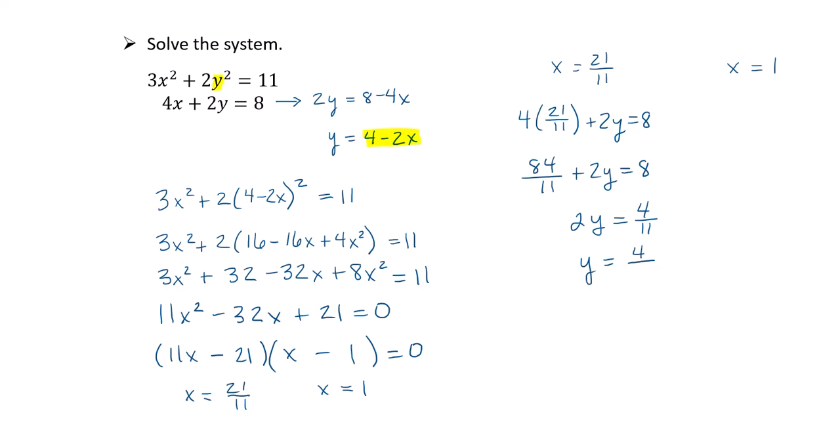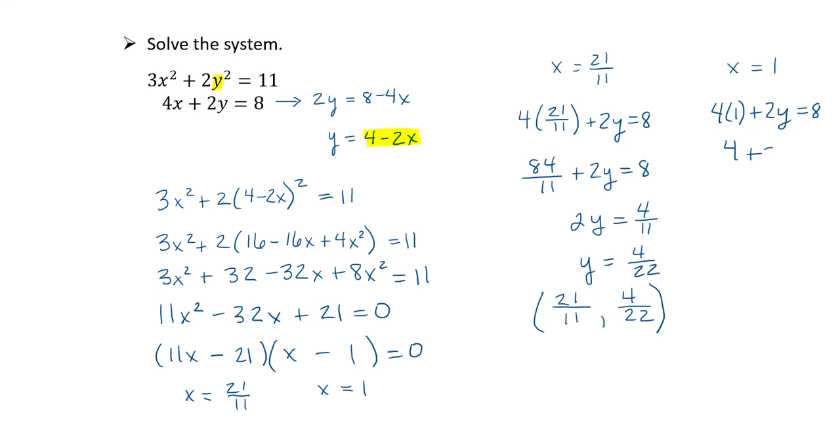That gives me a 4/22. So this means when I have an x of 21/11, I'll have a y of 4/22. For the second x, x equals 1, again, put it into the simpler equation, the linear equation. 4 times 1 plus 2y equals 8.